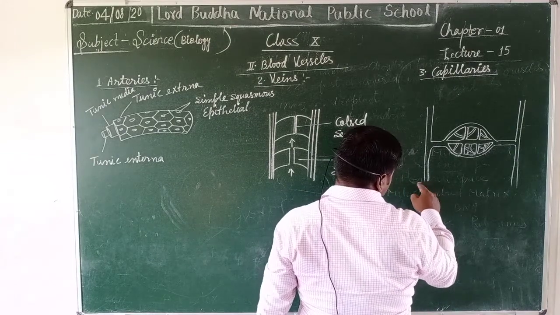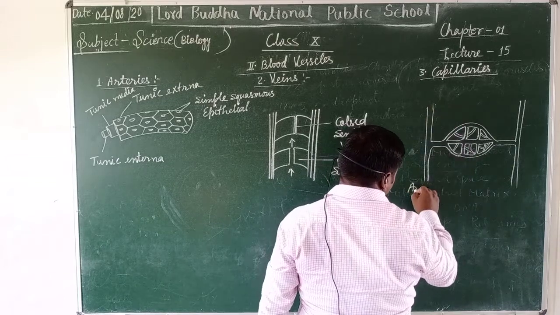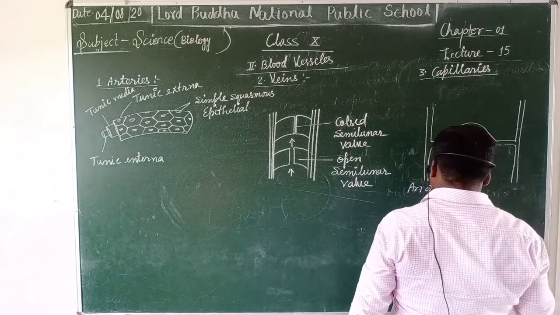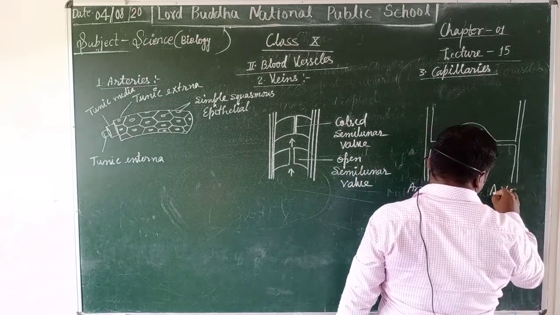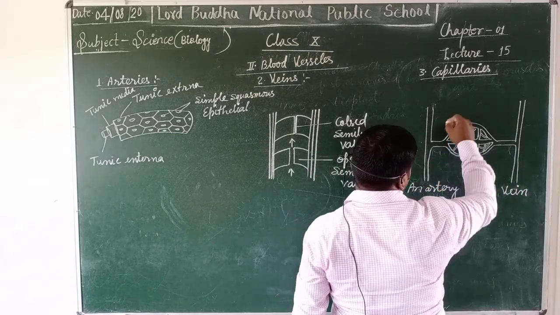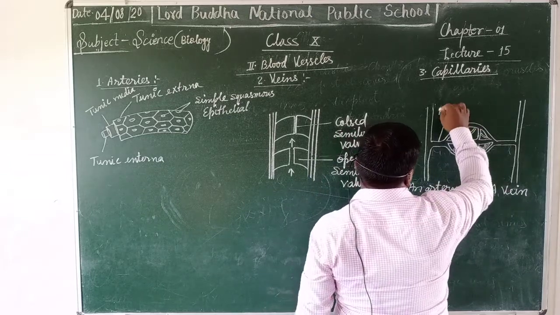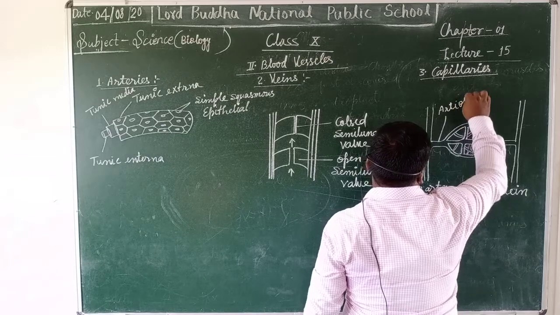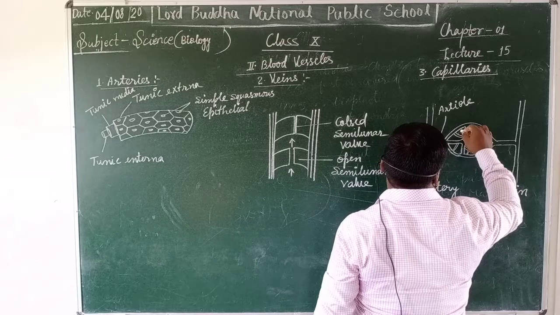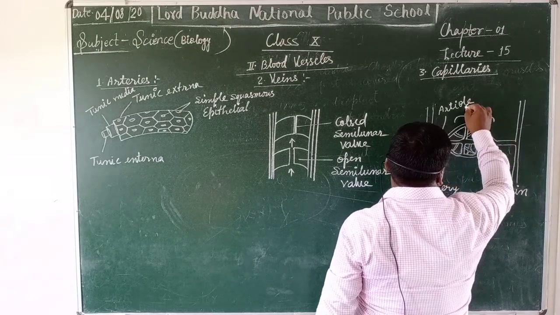If we assume that this blood vessel is an artery and this one is a vein, then when an artery gets branched into another part, this is called an arteriole. And when the arteriole further branches, this part is called a capillary.